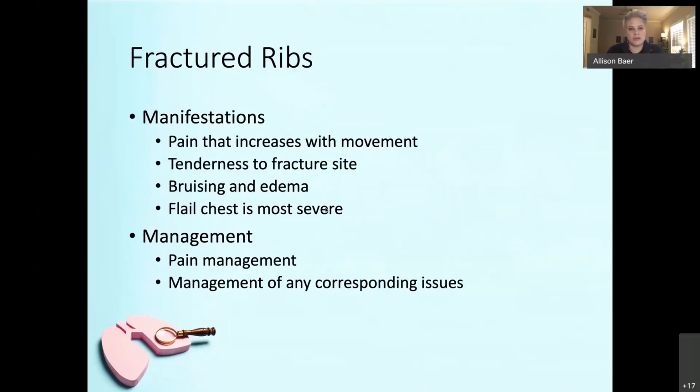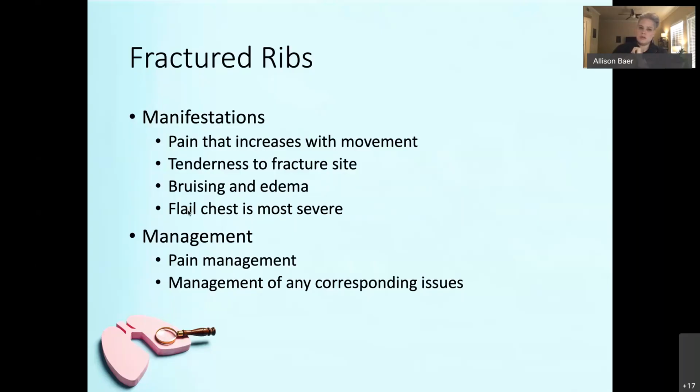So manifestations, you're going to see pain on that side with movement, tenderness at the fracture site, probably bruising and edema. And then they like to ask questions about flail chest. Flail chest is where you have a section of ribs that get fractured in 2 places so they can go in and out as a group. And if it's been bad enough to do that, you're going to see that pulmonary contusion like we talked about.